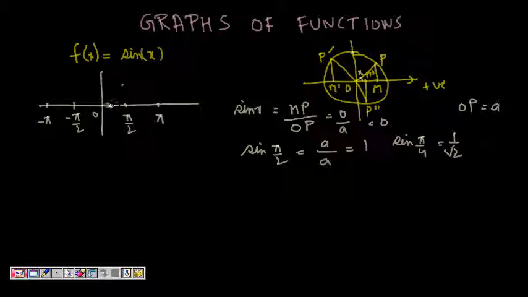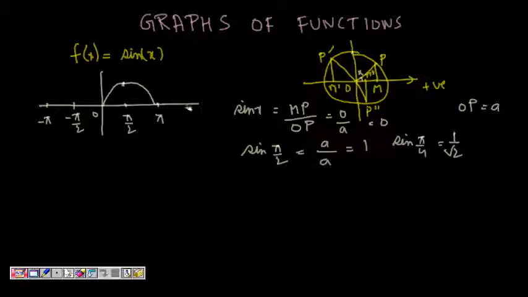So the value goes something like this till pi by 2. From pi by 2 we look towards pi. Here also MP is positive and OP is always positive, so it will be something like this, and at pi MP will be 0, so it comes down like this.